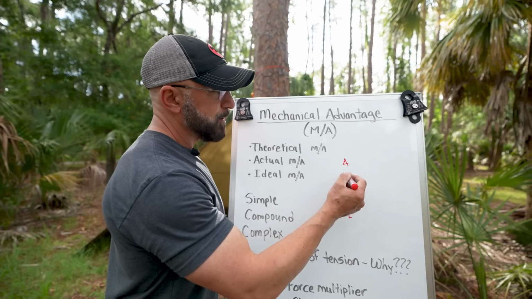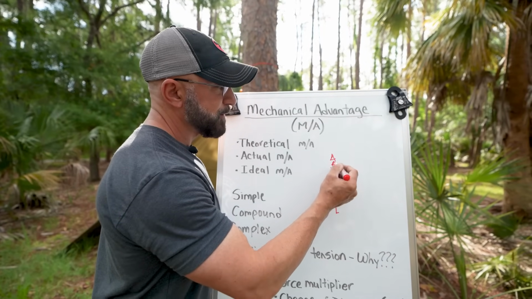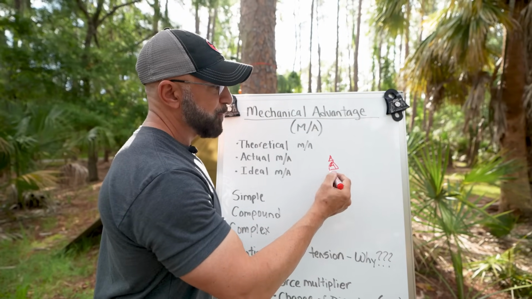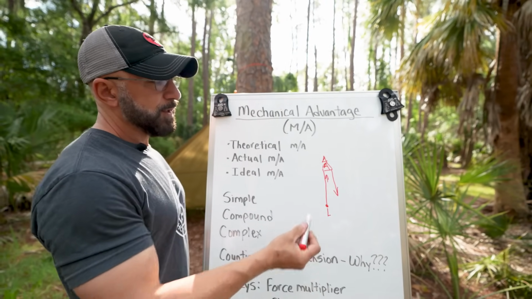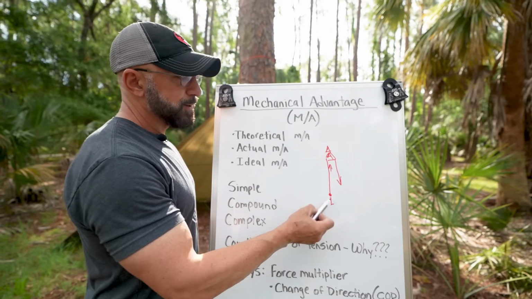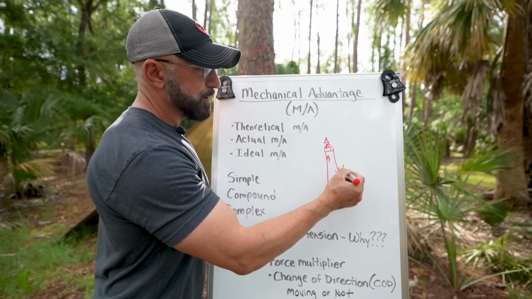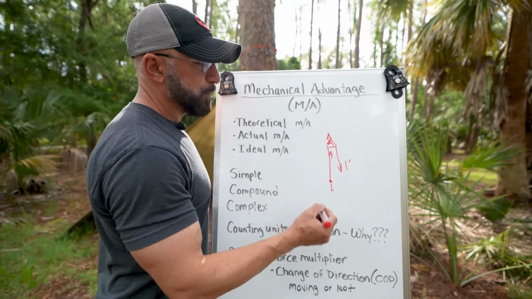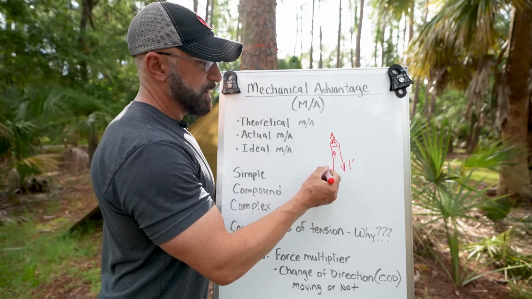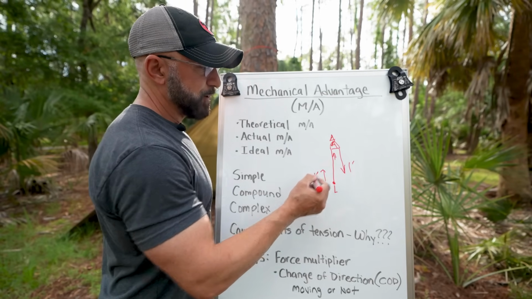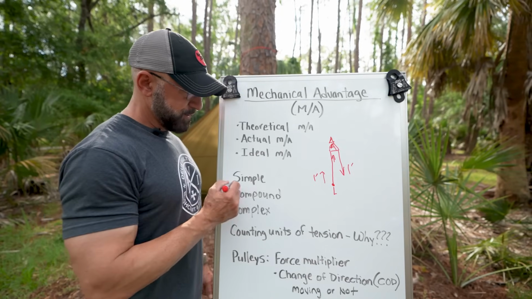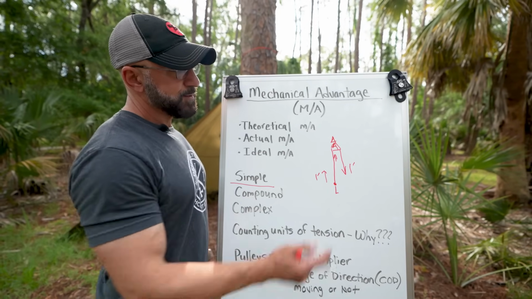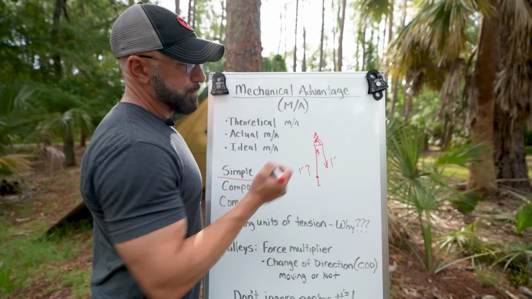If I put a pulley here, that rope goes through the pulley and I pull downwards, it is still a 1-to-1 because for every foot I move of this rope, this line moves 1 foot, right? So far, simple. Simple 1-to-1.